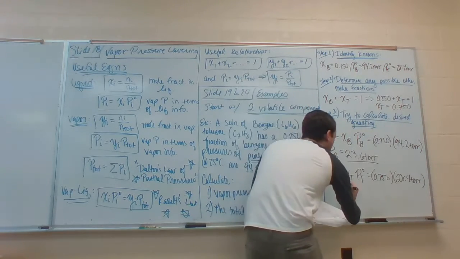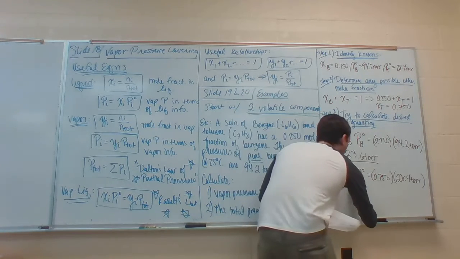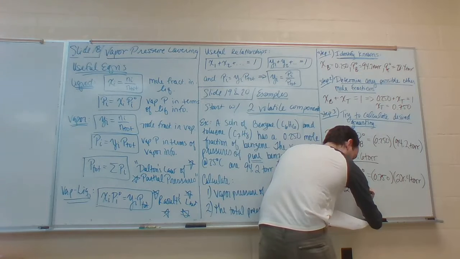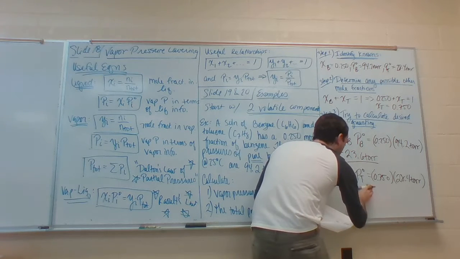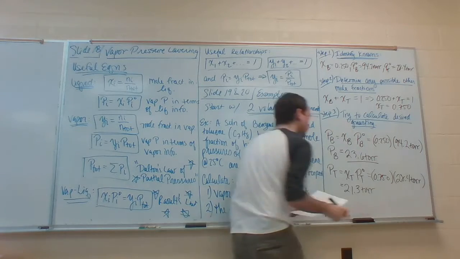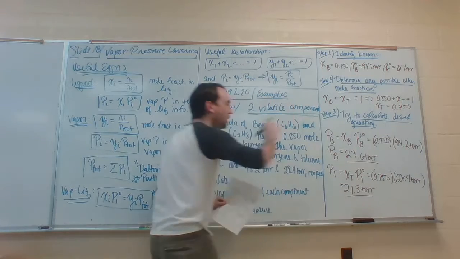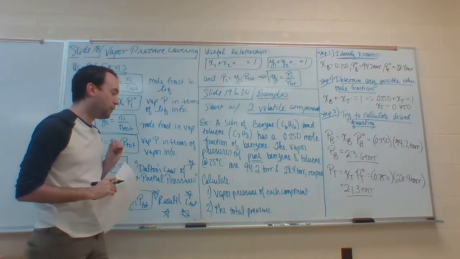Doing that, we end up getting that my partial pressure of the toluene is 21.3 torr. So now we have our partial pressure of each component in the vapor.